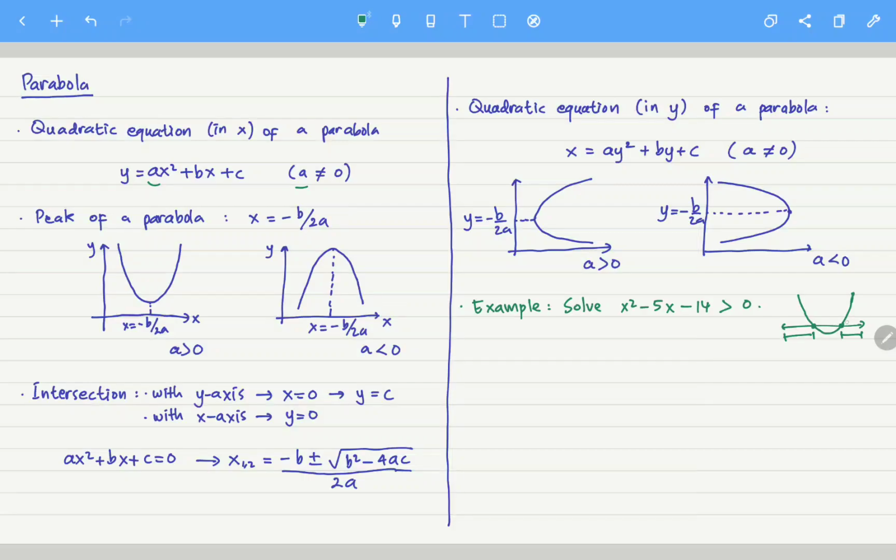The equation is concave up because the coefficient here is equal to 1, and 1 is greater than 0. So we should use the following graph.